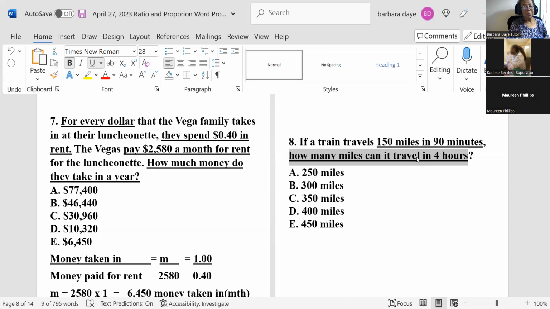That is like 150 miles in 90 minutes. 90 minutes would be like what? An hour and 30 minutes. Yeah, that's an hour and a half. So that's 1.5.